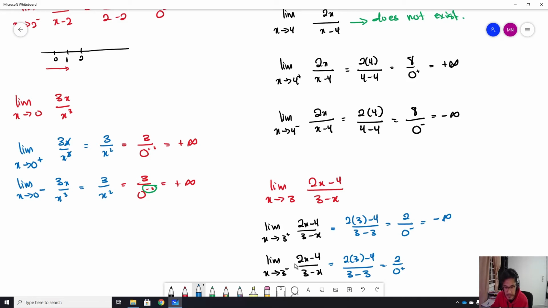Left side means the number is less than 3, so that's why it becomes positive. So it equals positive infinity.